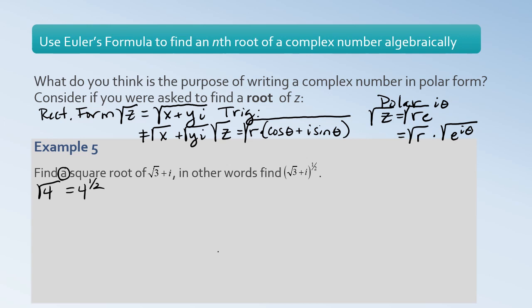So as we just mentioned, in order to be able to take a root of something, it's helpful to have it written as a product. So our goal on this problem is to take this sum, the square root of 3 plus i, and rewrite it as a product. Now, the square root of 3 plus i is currently in rectangular form.